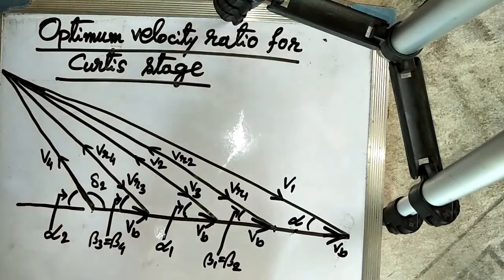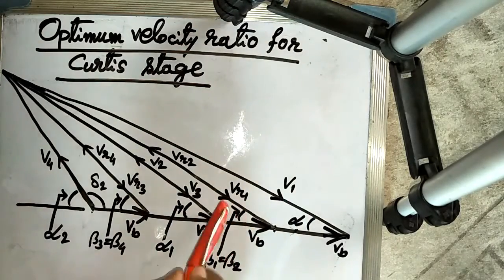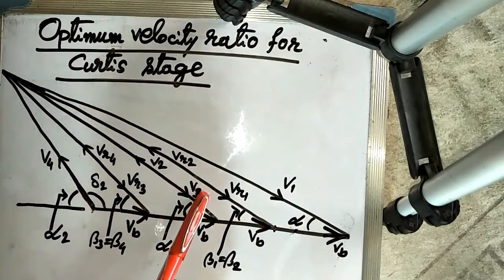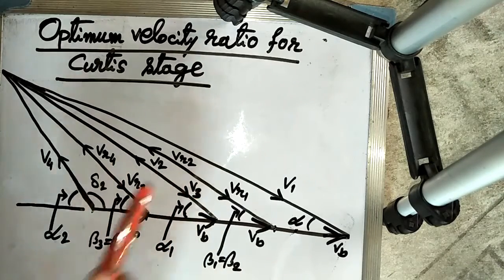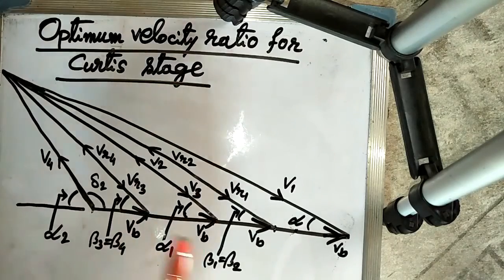So let's talk about the optimum velocity ratio for a Curtis stage. Let us again consider the 2 row stage having symmetrical blading with discharge not being axial, as shown in this figure. This is V1, VR1, VR2, V2, VR3, VR4, and this one is V4, in the two row staging.